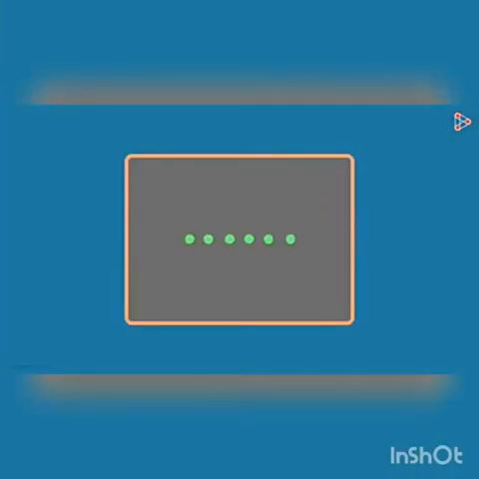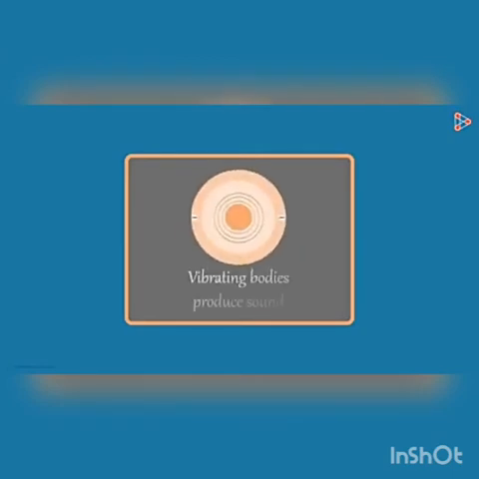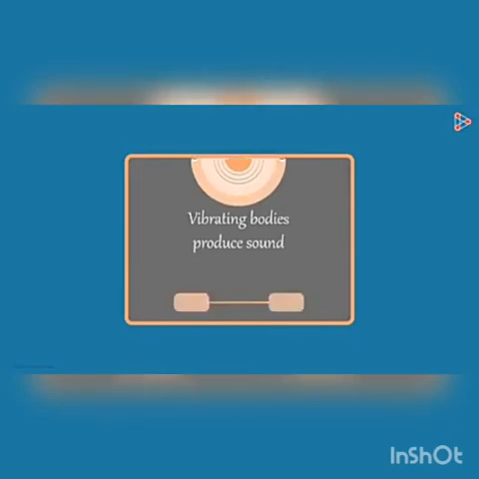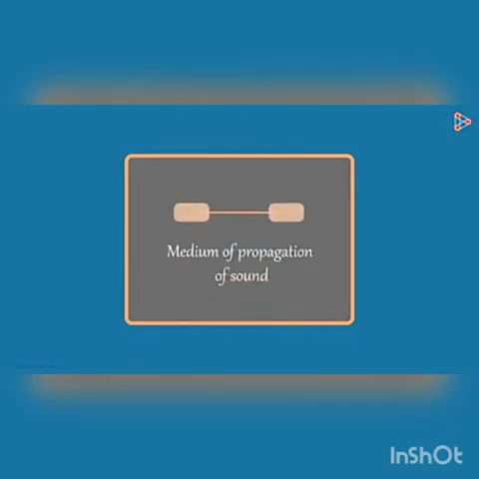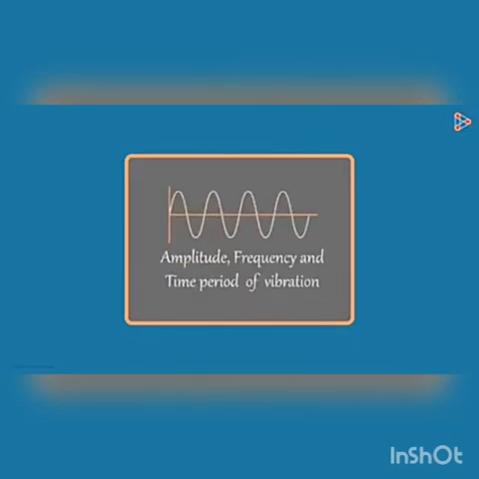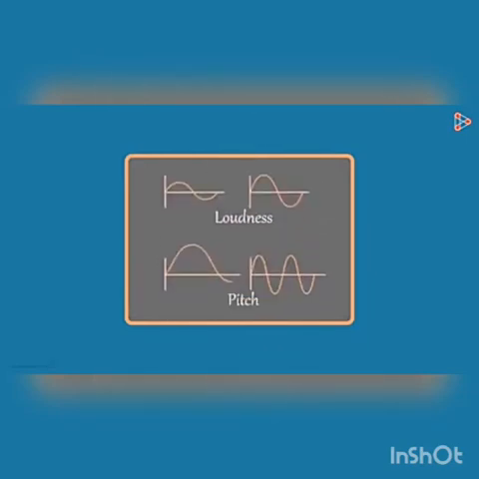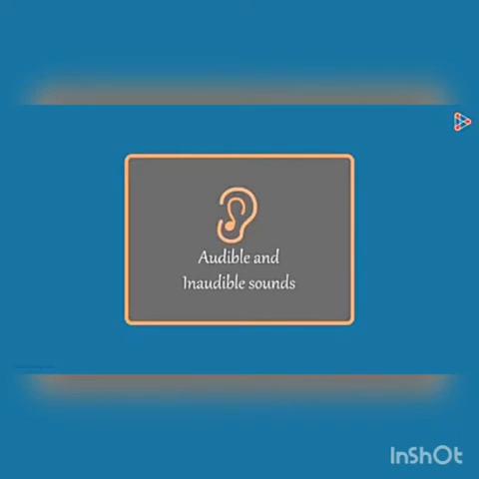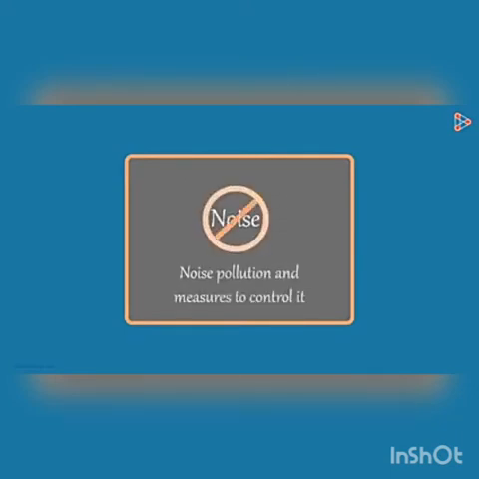These are the points that we are going to elaborate on in this series of videos based on sound: vibrating bodies produce sound, medium of propagation of sound, amplitude, frequency and time period of vibration, loudness and pitch, audible and inaudible sounds, noise pollution and measures to control it. Do watch our coming videos to learn about these concepts and much more.